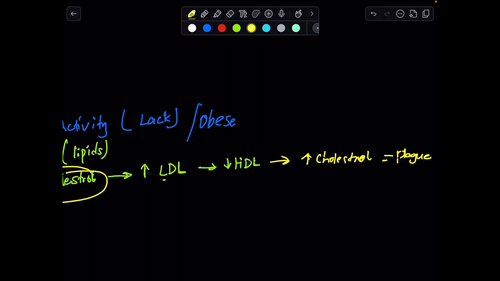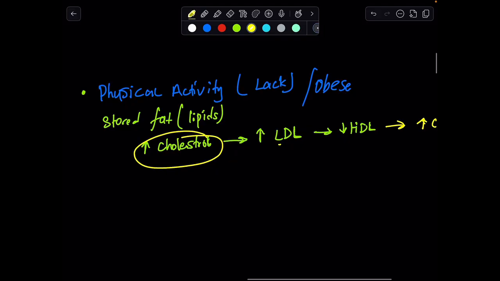And diet also goes hand in hand. If you can explain what the diet means, you're picking up. Pause the video and tell me how you think diet would contribute to coronary artery disease. Okay, so diet: high fat.